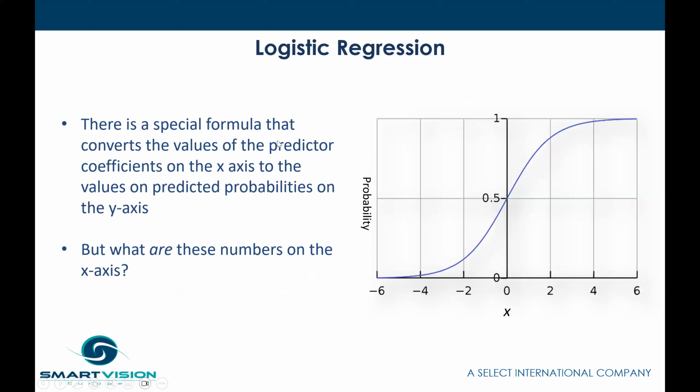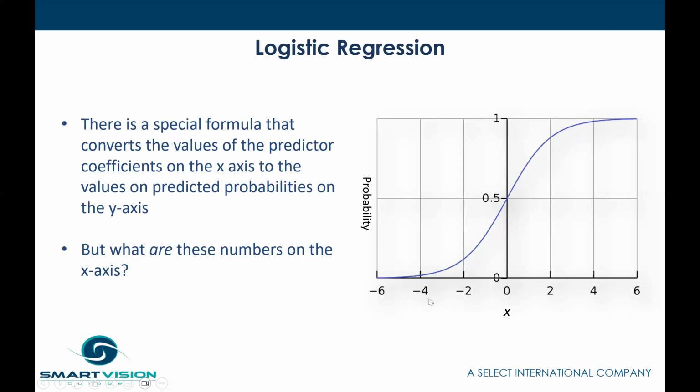Because what happens is there's a special formula that converts the values of predictor coefficients, the coefficients that we get out in the tables, like the y equals mx plus c, and turns them into probabilities. And these numbers that you get on the x-axis, these are the coefficients that the model kicks out. Now, this formula is called a link function.